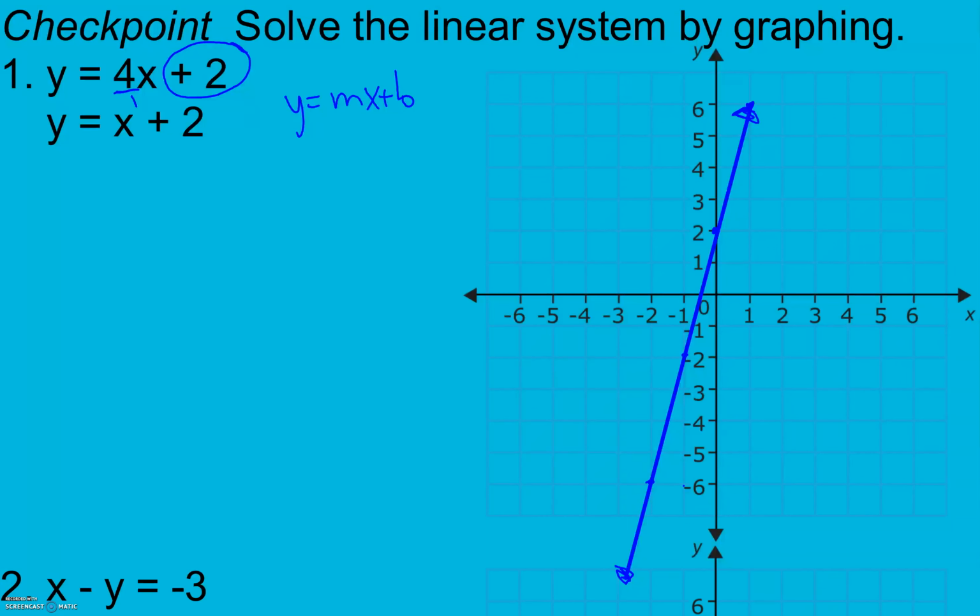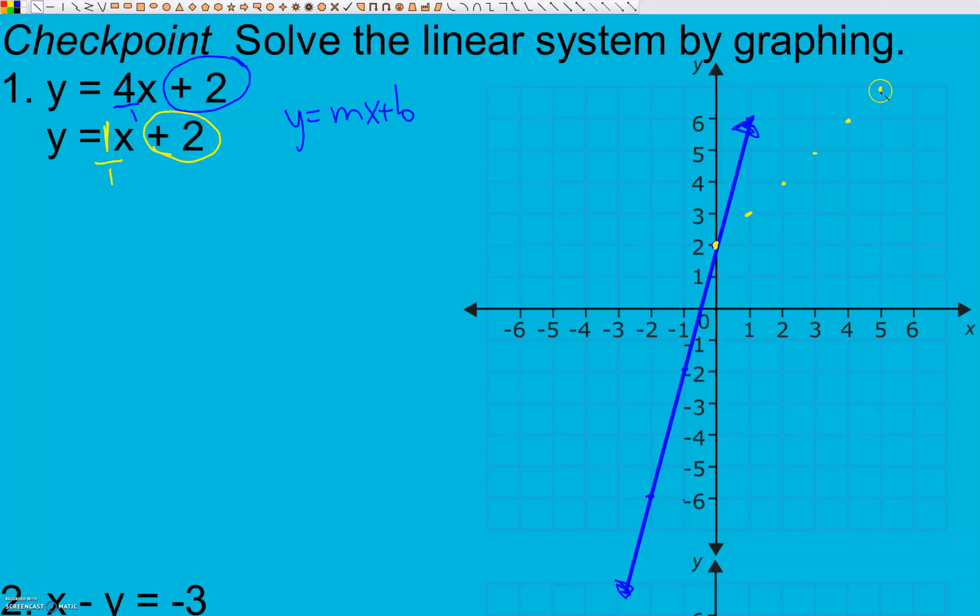My second line, I'm going to start at 2. Here, remember, if there's not a number in front, it's a 1, and we can write that as 1 over 1. So I'm going to rise 1, run 1. Up 1, over 1. And we'll connect those with our straight edge as well.